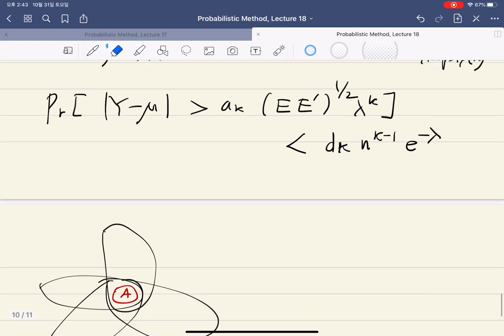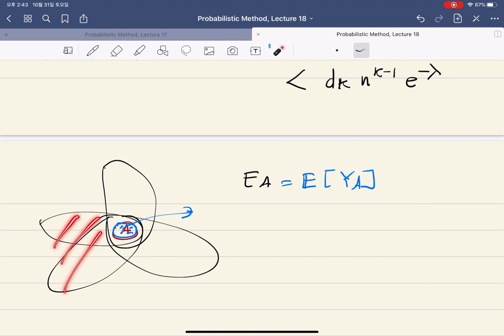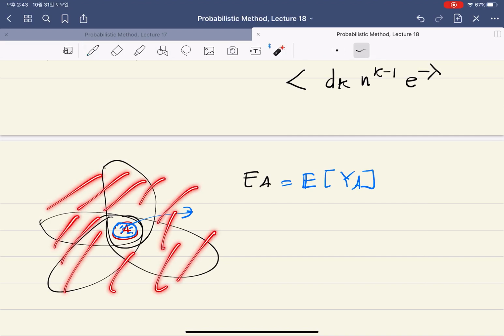Here, watch this E sub A. Intuitively, what E sub A is, is that if you make some changes inside of this A, then how much in expectation, this is the expectation of Y sub A. So you let everything outside be random.